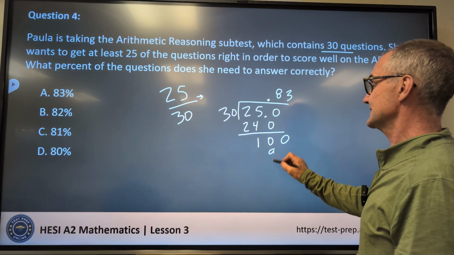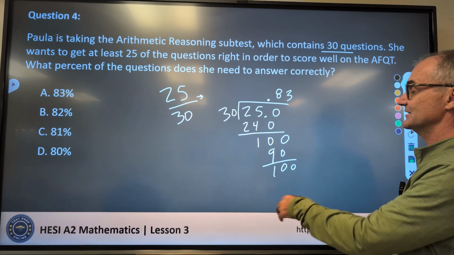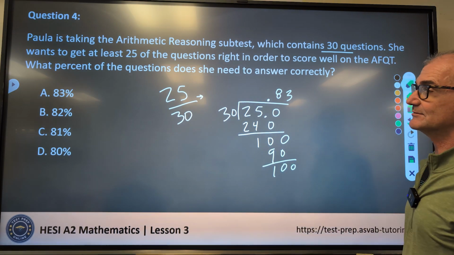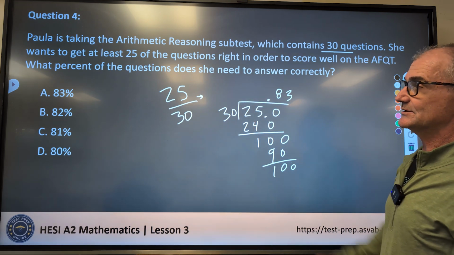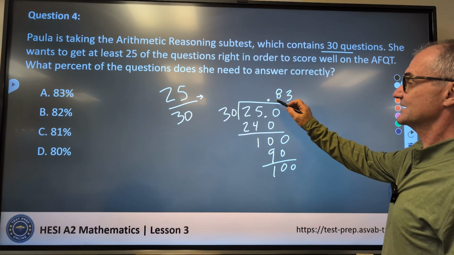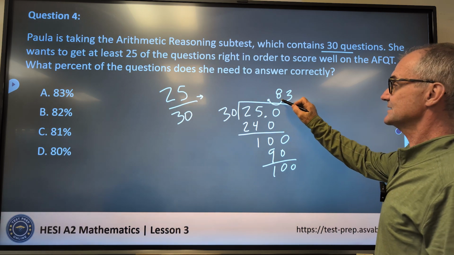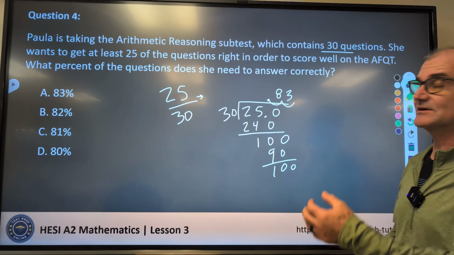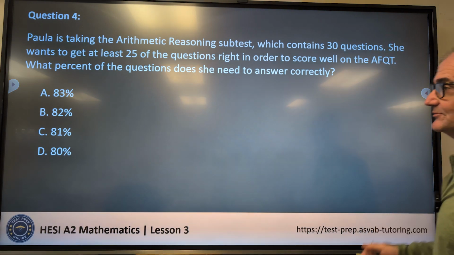It's going to give me 90. And I can see it's going to keep going like that. So it's 0.83333 repeating. The closest answer is 83%. And the way I convert from a decimal to a percent is I go over 1, 2, because it is parts of 100. So correct answer, answer A, 83%.